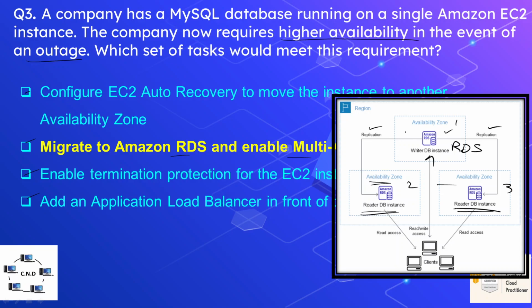So if there is an outage of this database for any reason, and this instance is down, then the services can be made accessible from the second availability zone and so on. If this one fails, we have another availability zone and another instance, and that can also be made available. So this is the concept of Relational Database Service and its replication across multiple availability zones that enables us to achieve higher availability in the event of an outage or disruption.